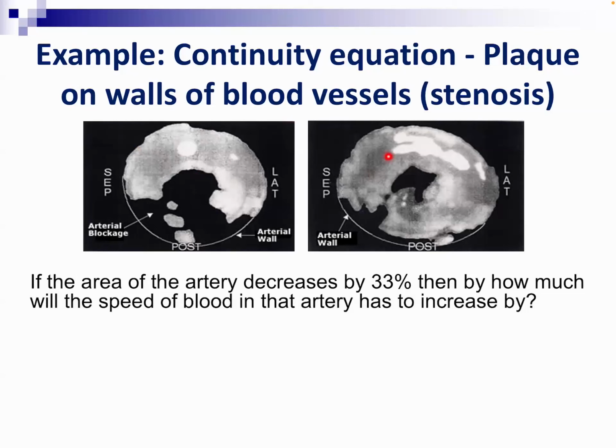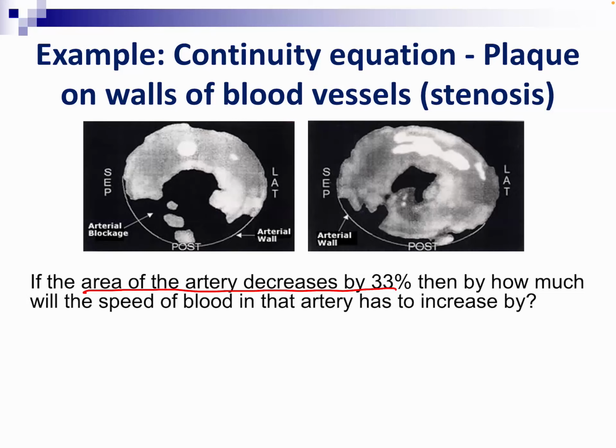But in this figure here, there's much more plaque, and so the area of the artery decreases by 33% because of plaque buildup. By how much will the speed of the blood in the artery increase? Right, so we know the area decreases, so we know that the speed must increase according to the continuity equation, but by how much is what we're after.